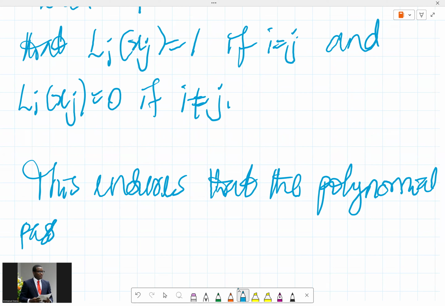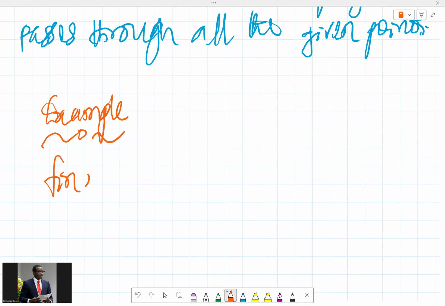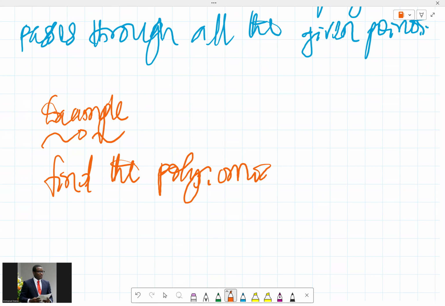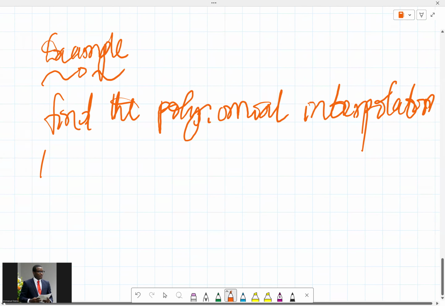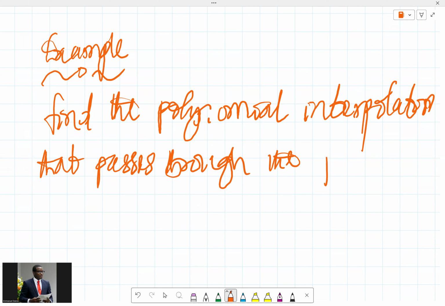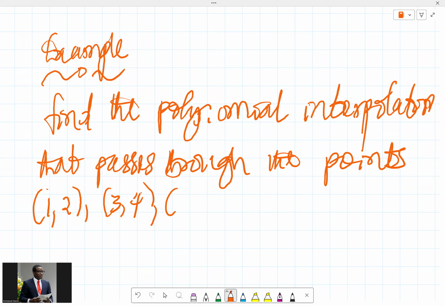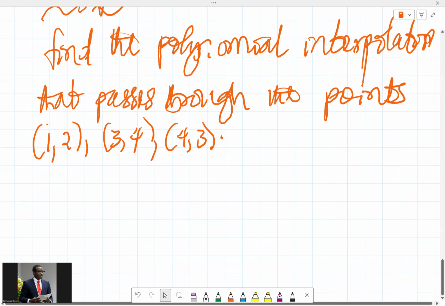Find the polynomial interpolation that passes through the points (1, 2), (3, 4), (4, 3). Okay, just 3 points.